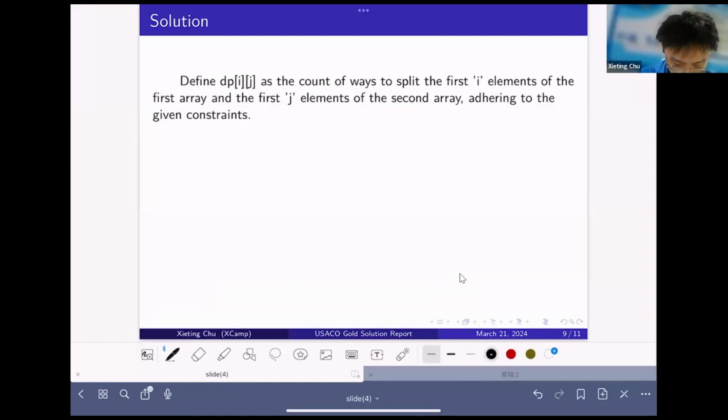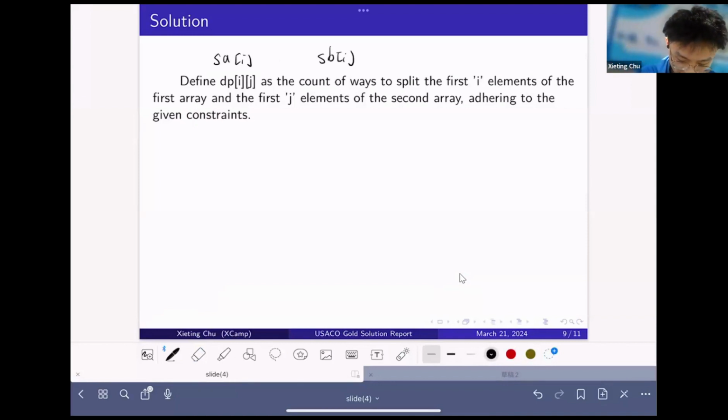And also let's denote SA[i] as the prefix sum of the first array, and SB[i] as the prefix sum of the second array.